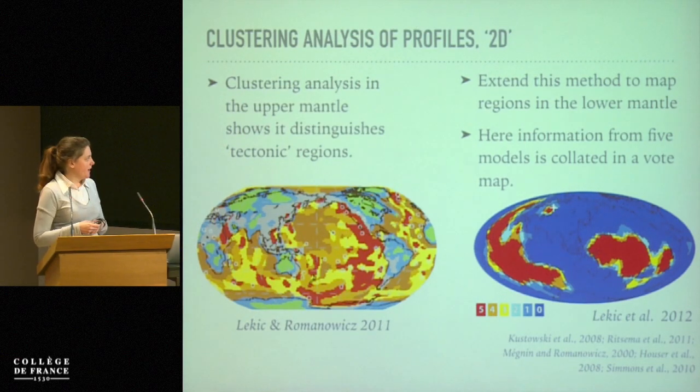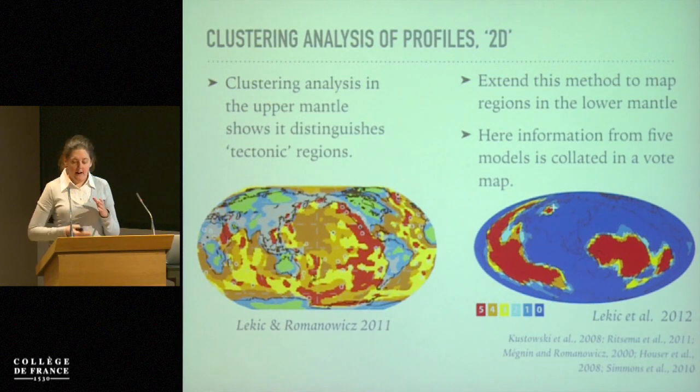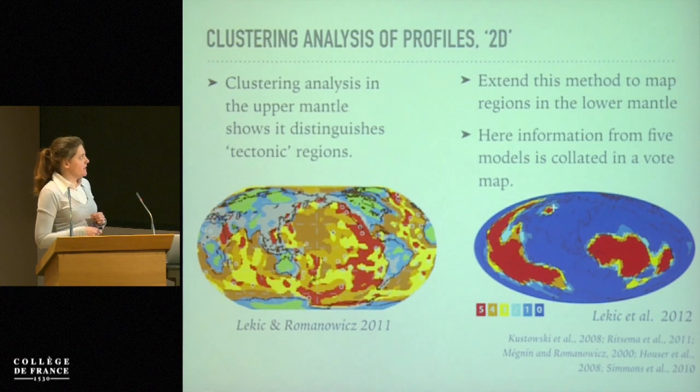This is showing a clustering analysis for, I think, 7 different families. And what you see here is that features pop out like the cratons and different oceans for different oceanic crustal ages. And then you can use this to look at the average shear wave profiles at depth and see the deep signatures of these different tectonic regions.